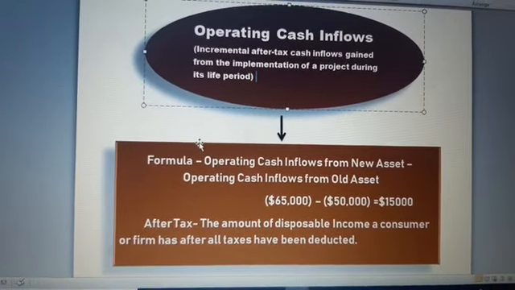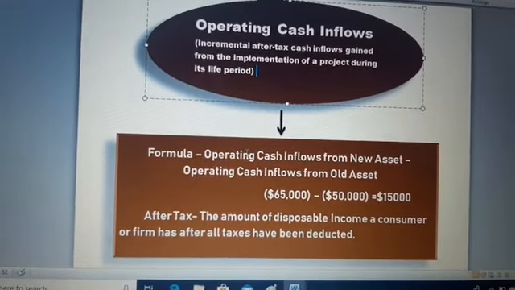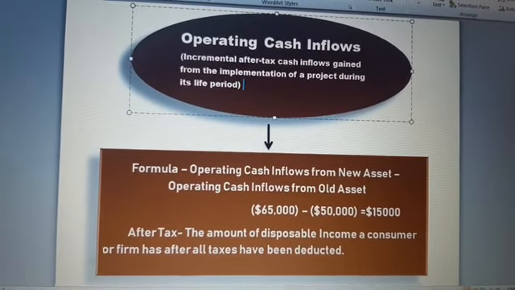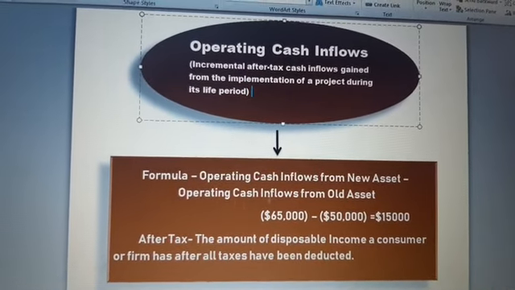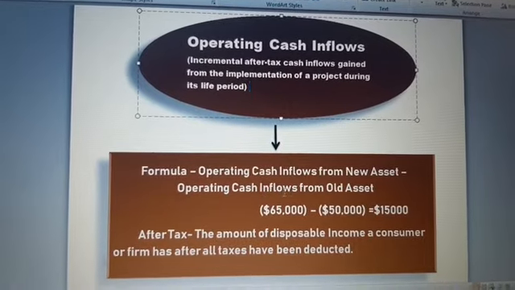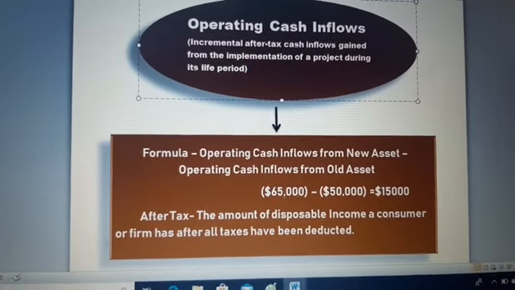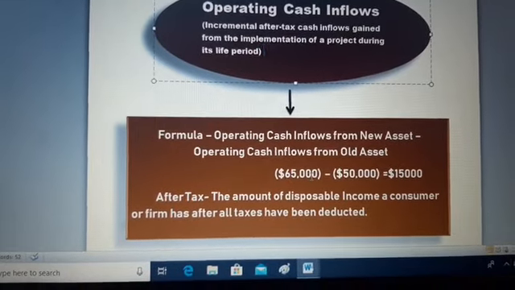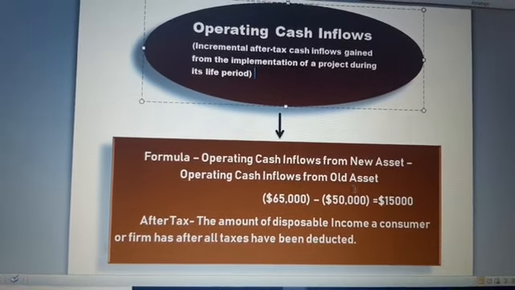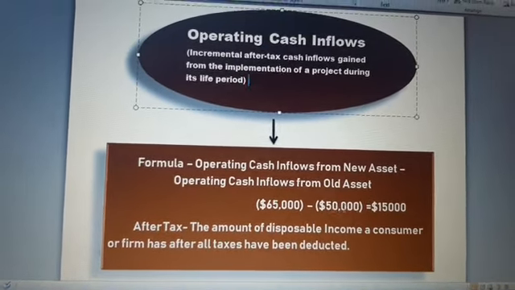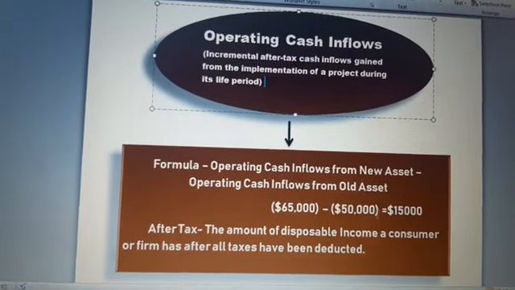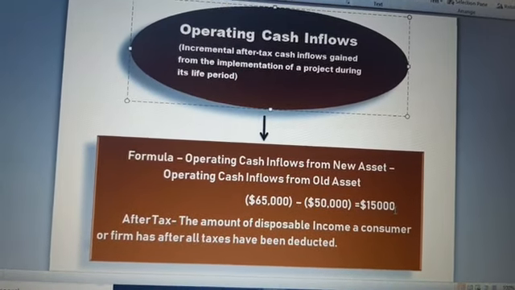The formula is the operating cash inflows from a new asset minus the operating cash inflows from an old asset, as listed in the example below: $65,000 for the new asset less $50,000 from the old asset, which results in $15,000.